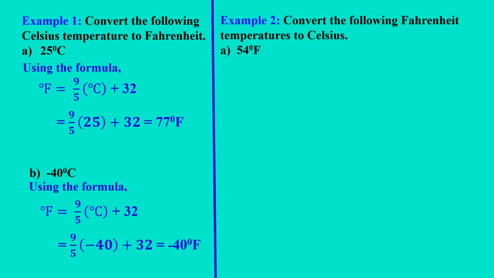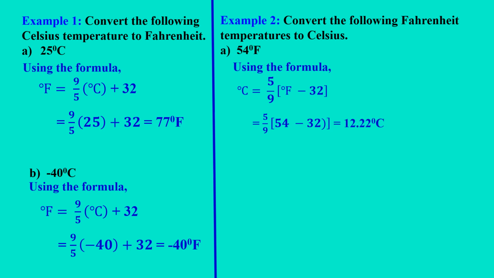Example number 2. Convert the following Fahrenheit temperatures to Celsius. Letter A, 54 degrees Fahrenheit. Using the formula, degrees Celsius equals 5 over 9 times the quantity degrees Fahrenheit minus 32. Substituting the values, 5 over 9 times 54 minus 32 equals 12.22 degrees Celsius.